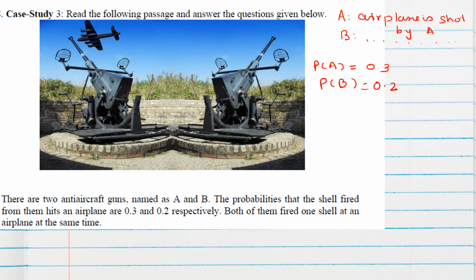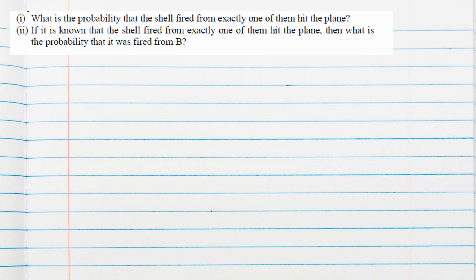Now let's check the question. Question 1 is, what is the probability that the shell fired from exactly one of them hit the plane? Now exactly one of them hit the plane. A hits the plane or B hits the plane, we don't know. So if A is hitting the plane, B should not hit.